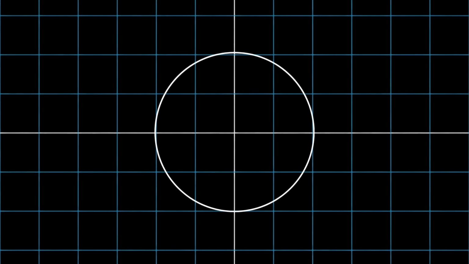The first thing I'm going to do is draw a unit circle, which is a circle with a radius of 1 unit. Now, almost all of the concepts from trigonometry come from this unit circle. So now let's say I have some point P that is on the circumference of this unit circle. So this line segment extending from the center of the circle to point P is a radius.